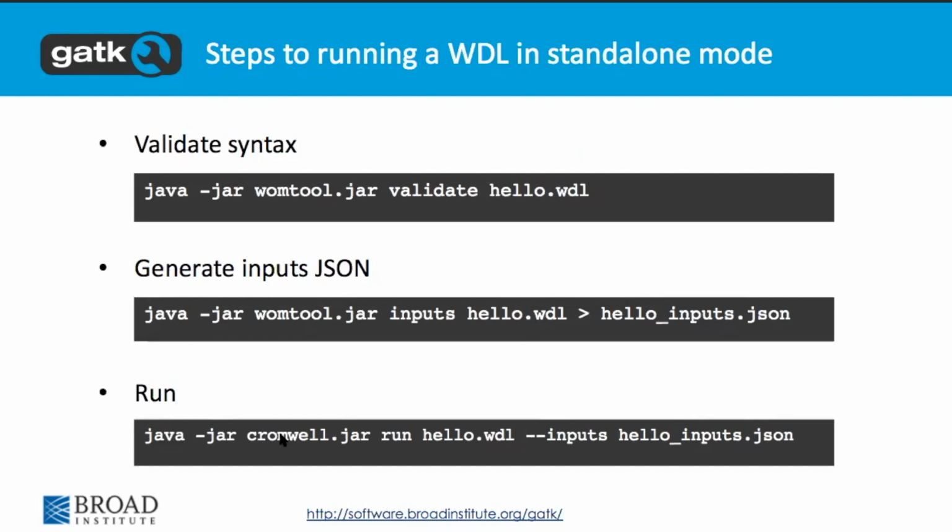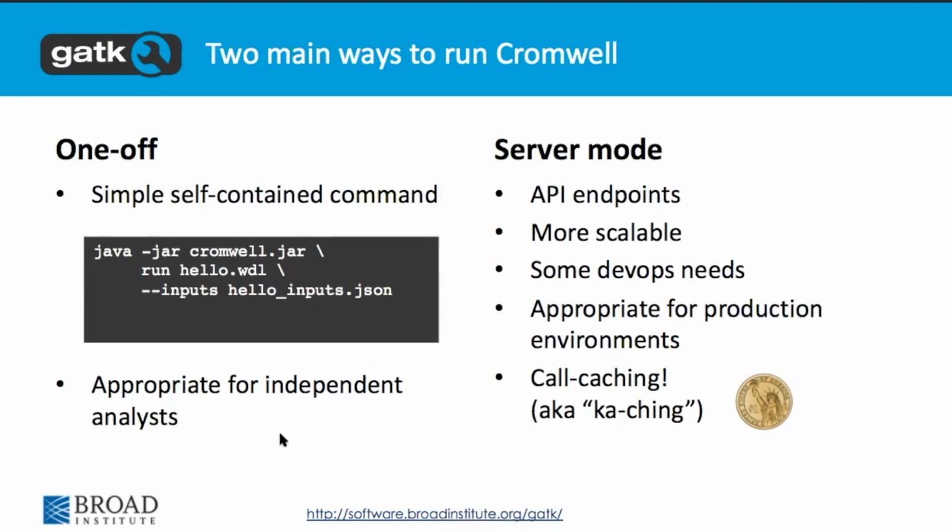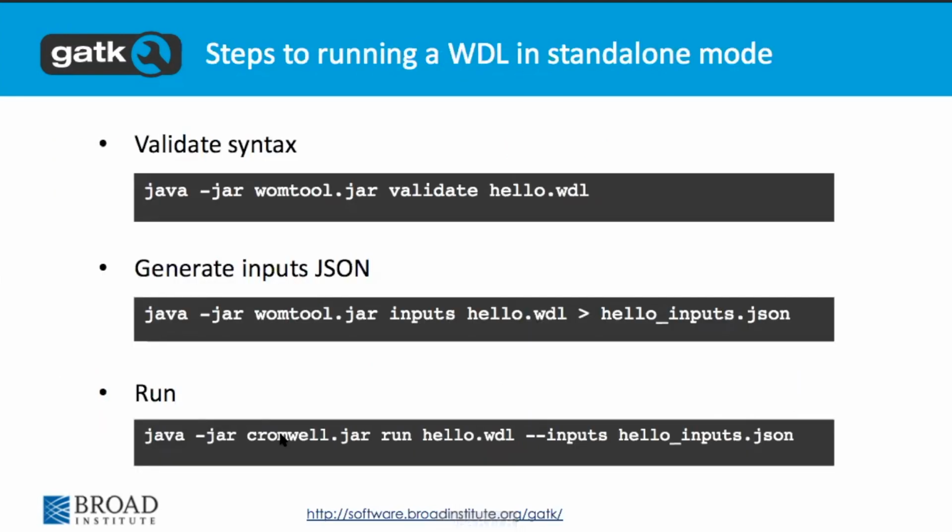So for the one-off execution, you have a separate tool set that allows you to validate that workflow. This is super nice because you're probably going to have some typos or bugs, and you don't want to be just running and fixing bugs.